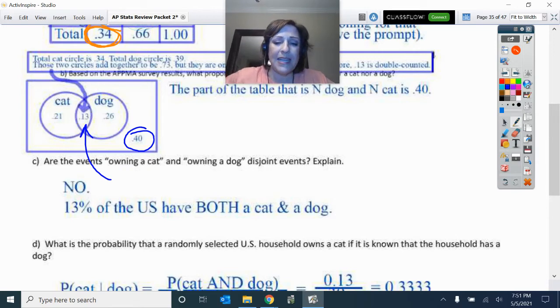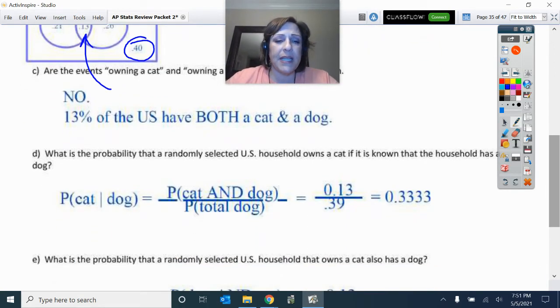All right, now here is a very commonly missed problem. This is one of the very common ones that I see missed on the quiz whenever we do this unit. It says, what's the probability that a randomly selected household owns a cat if it is known that they have a dog? So that's this: given that they have a dog, what's the probability they have a cat?